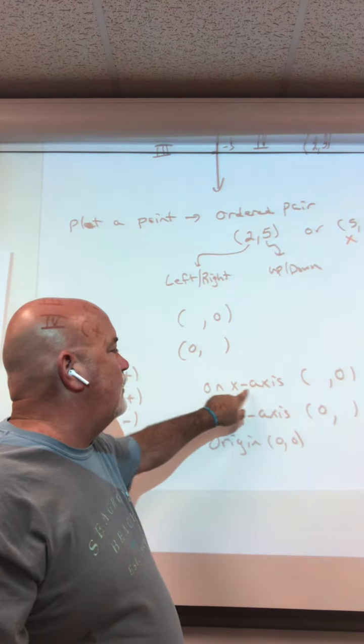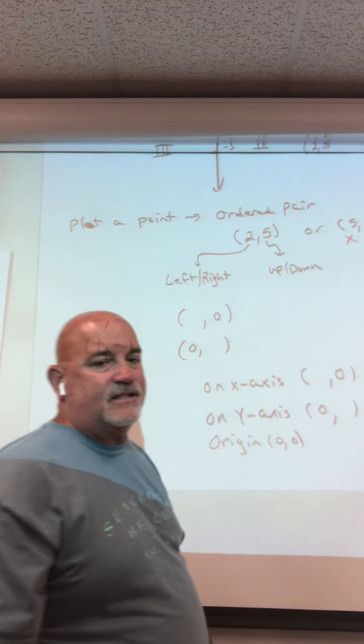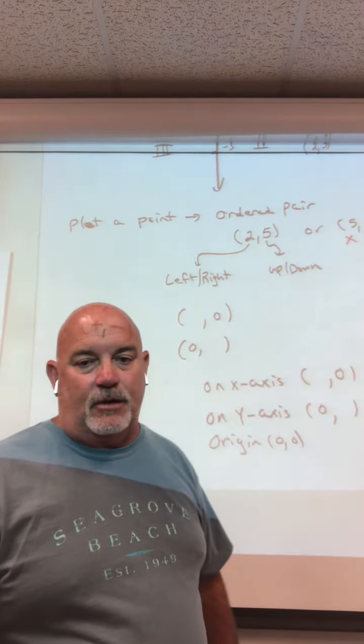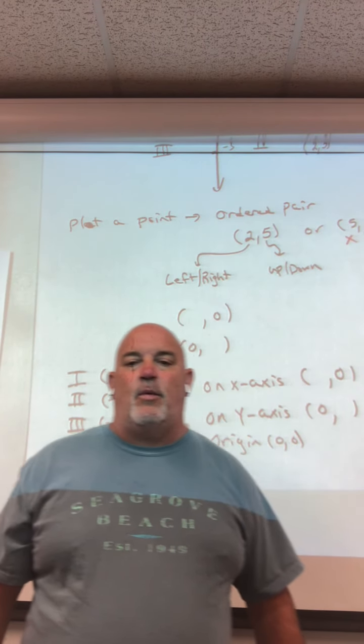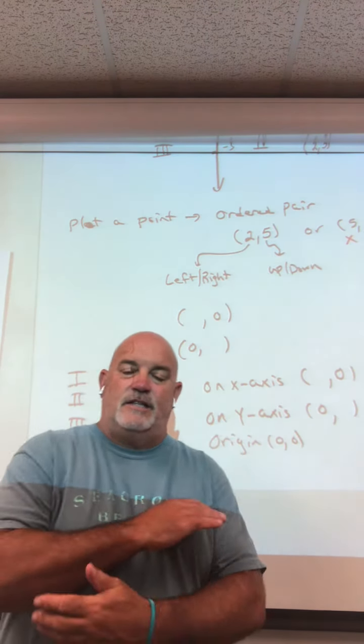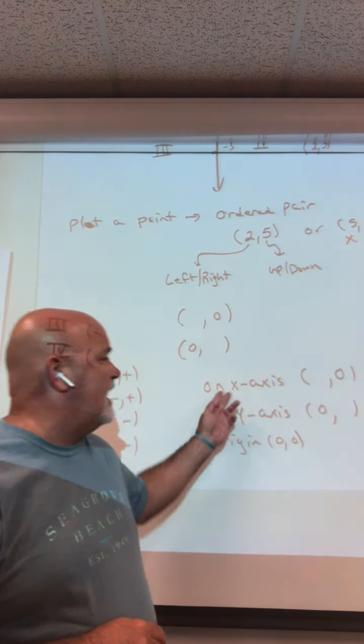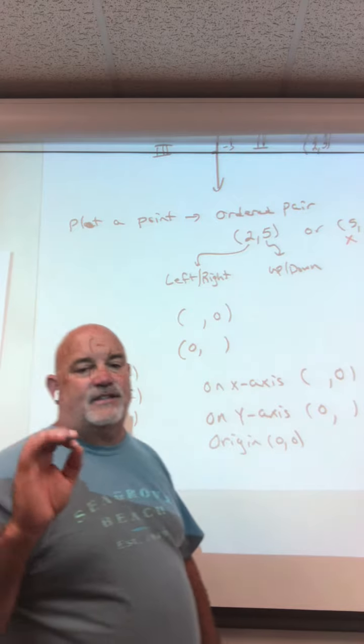Any point that is located on the x-axis, we give it the special name, the x-intercept. The word intercept and the word intersect carry the same meaning. So if you're on the x-axis, that is an x-intercept.